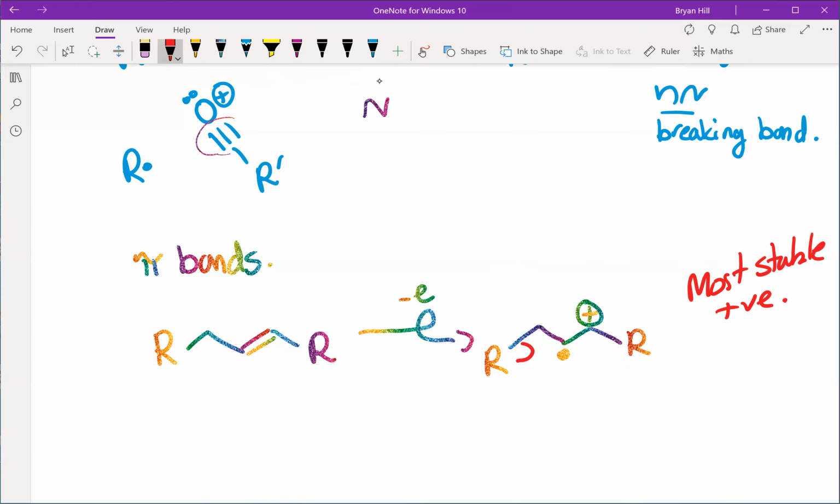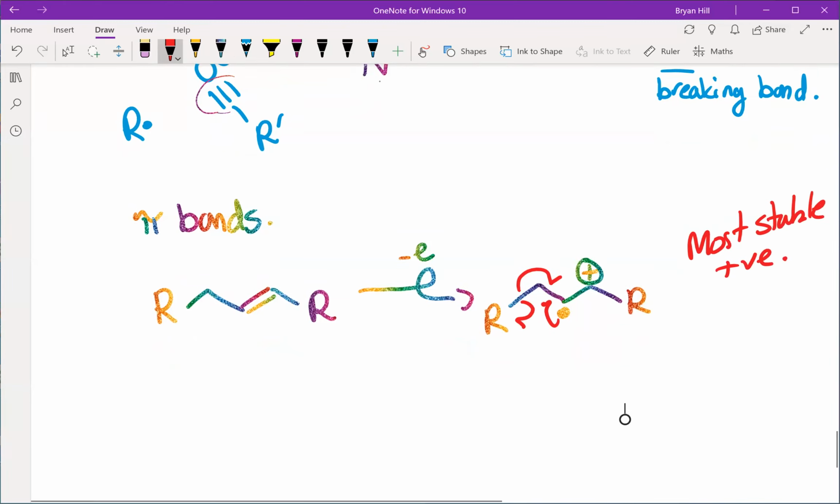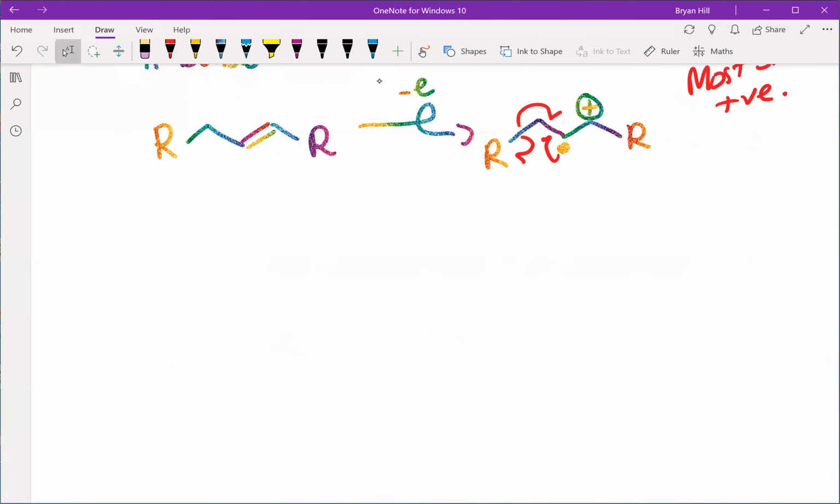If we move these electrons to R and these electrons here and these ones here, what we end up getting is R dot, and then this is of course stabilized by resonance.